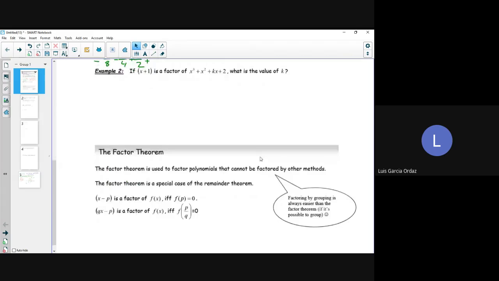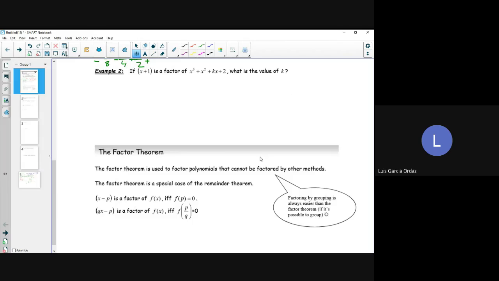Okay, so we're going to move on to example 2. So if x plus 1 is a factor of x cubed plus x squared plus kx plus 2, what is the value of k? So how would we approach this question?